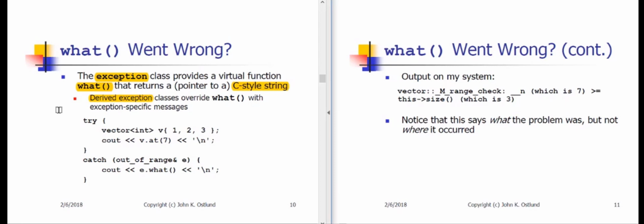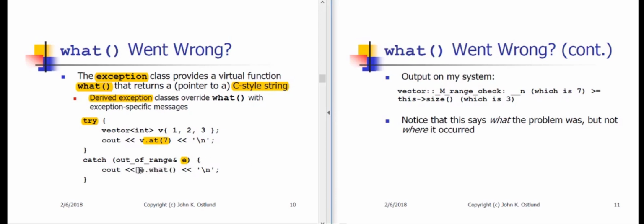Now, when I say they make sense, I don't mean they're necessarily really easy to read. For example, here we have a try block. We are creating v as a vector of int initialized with 3 elements, and we're saying v.at(7), which of course is out of range. So that's going to throw an out of range exception. Immediately below the try block we have our catch exception, and that out of range exception we're going to be able to access through this reference parameter e.